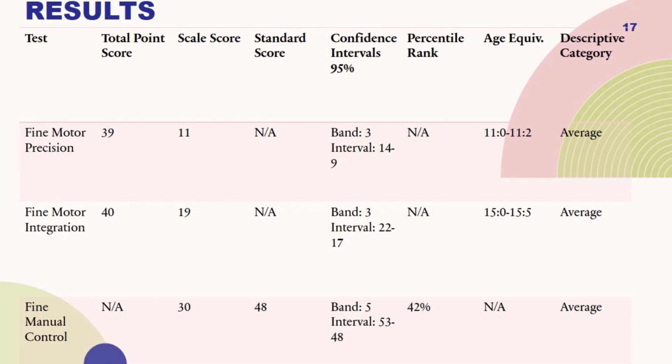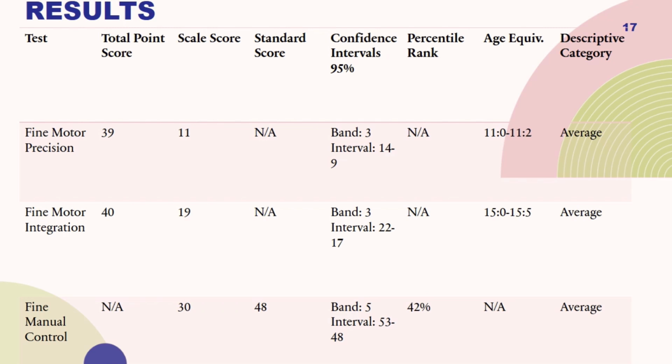And then I translated these scores into confidence intervals of 95%, and their bandwidth for the 2 subtests was 3, and the fine manual control was a 5. And these intervals ranged from 14 to 9 for their skill score, 22 to 17 for 19, and 53 to 48 for 30.